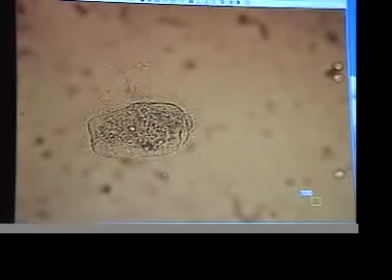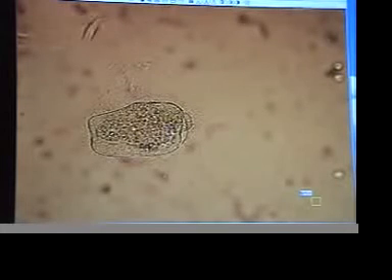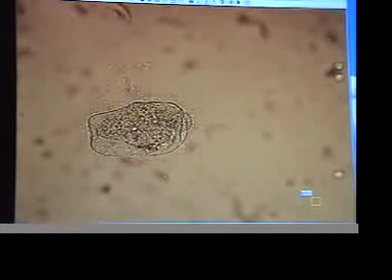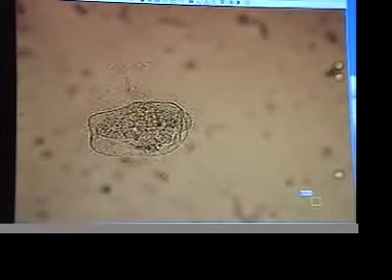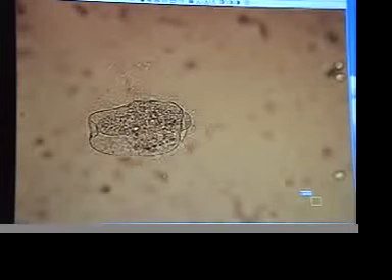Some internal membrane just ruptured. Major changes in this organism at 1185.